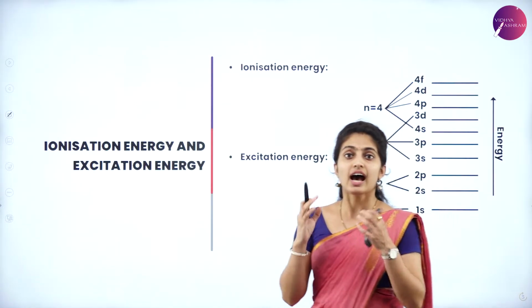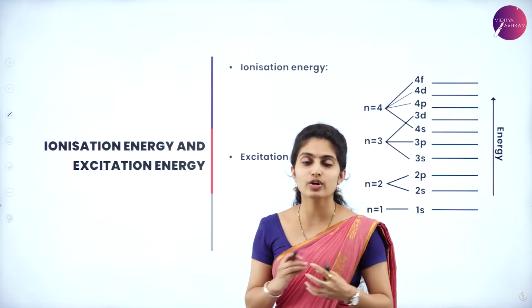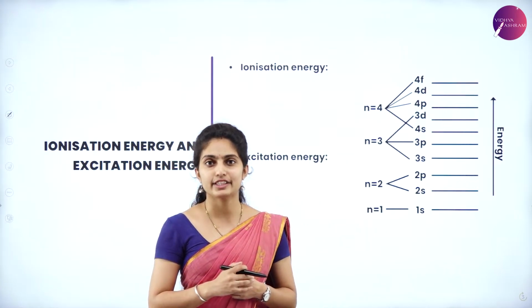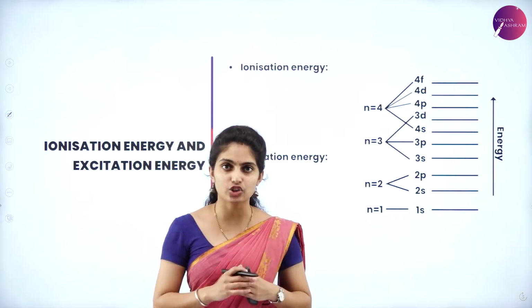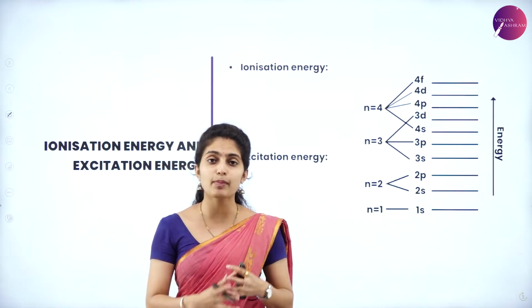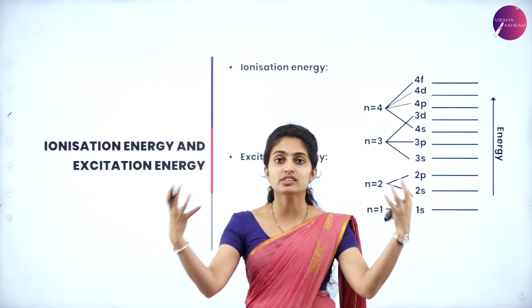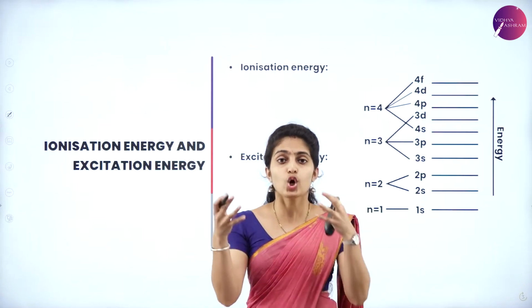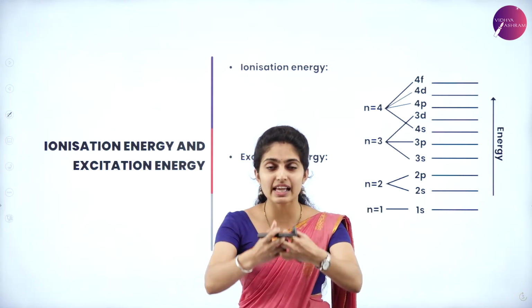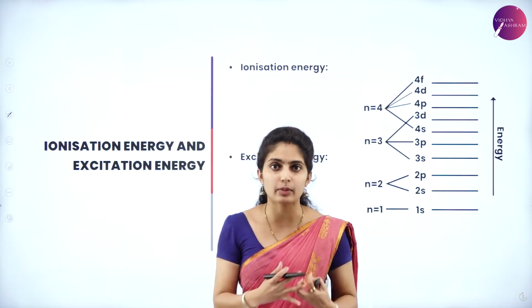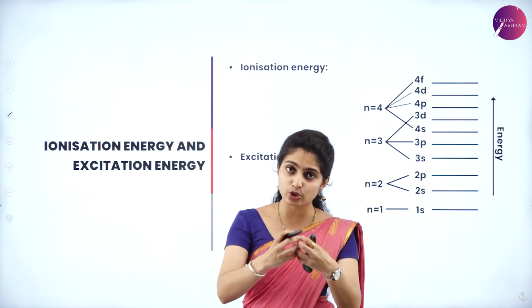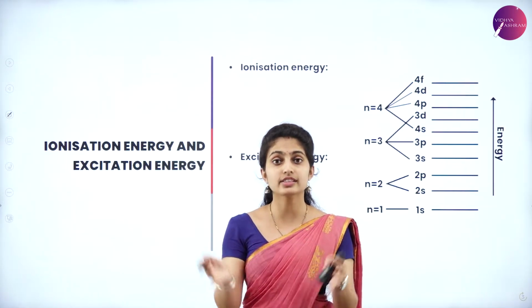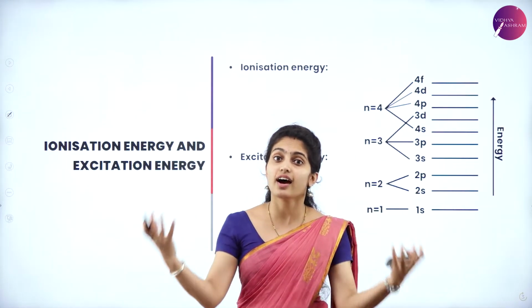Ionization means removal of an electron. In order to remove an electron, we need certain energy, because electrons are bound to a nucleus by an attractive force. Once the attractive force is there, it is very difficult to pull it out. So we need to exert certain energy on it in such a way that the electron can be easily pulled out, that is, electrons can be easily ionized.